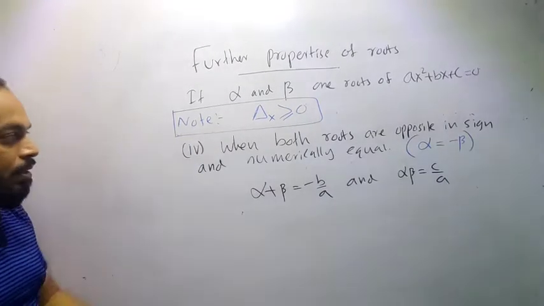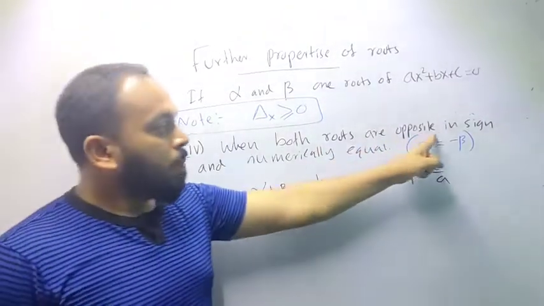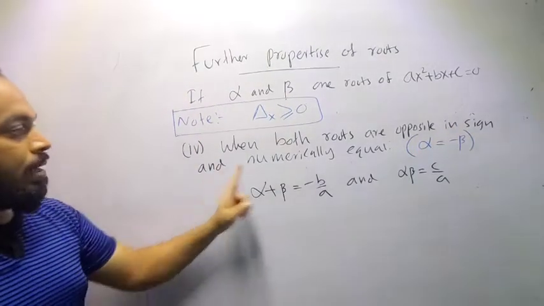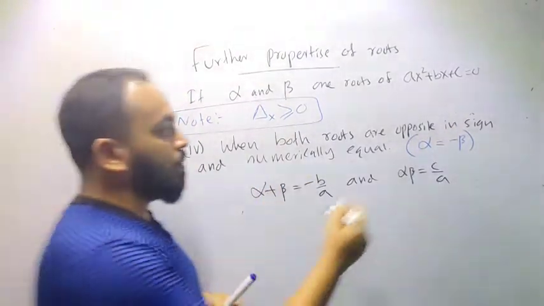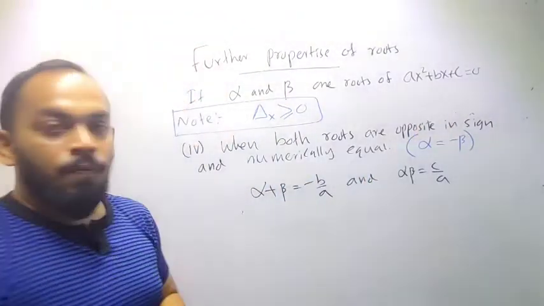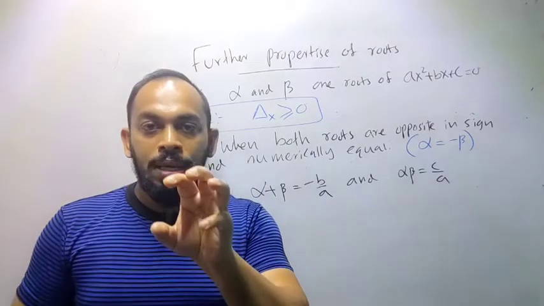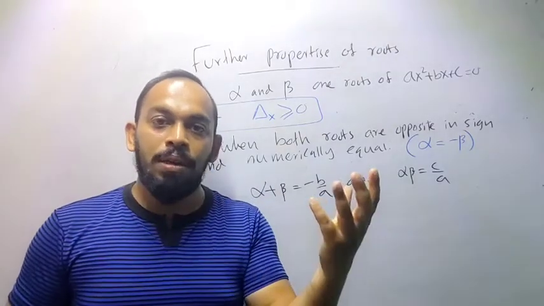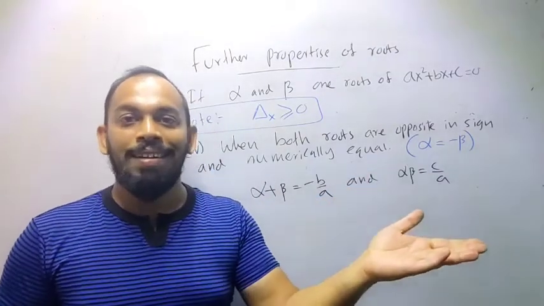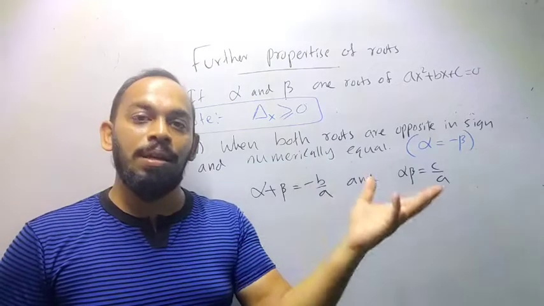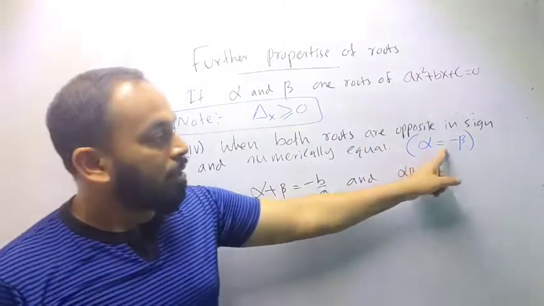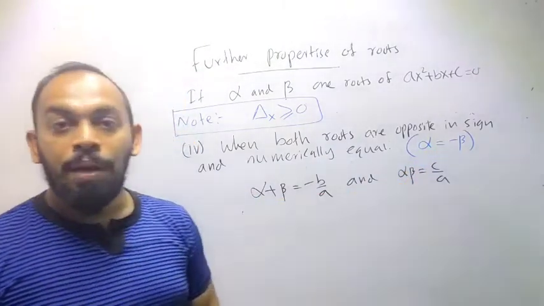So finally, when both roots are opposite in sign and numerically equal, what does that look like? If one root is alpha, then the other one is negative alpha. So I have written this as alpha equals minus beta.